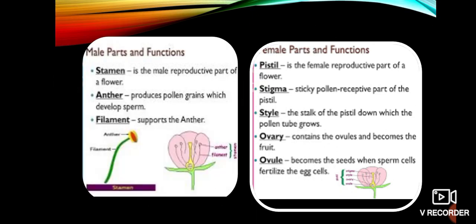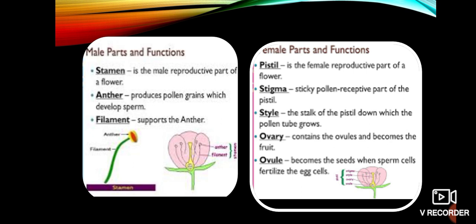Now I ask you, dear students, can you name the particular reproductive parts in plants which you learned in class 7? Recall it again here. The first is the male parts with their functions.